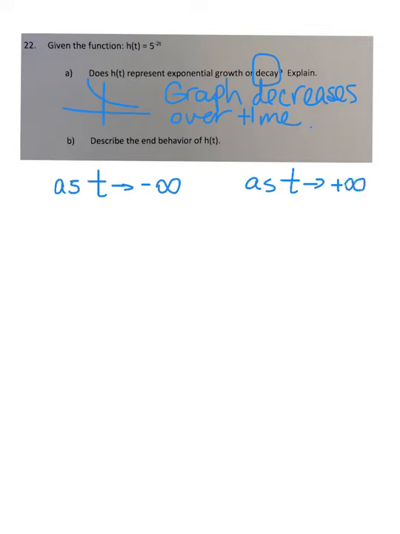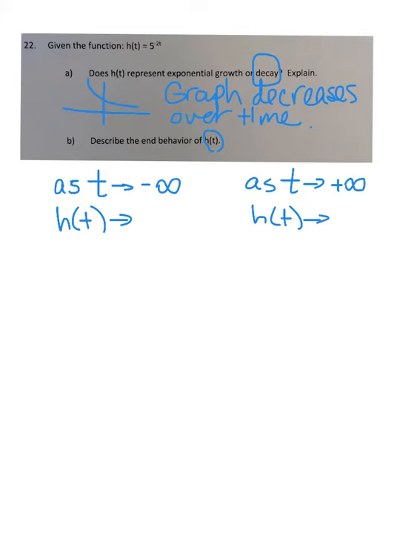Now remember, as t goes to negative infinity or positive infinity, we have to look at the y value. Now we don't call it y because they are saying y in function notation. So we're going to write h of t goes to, and h of t goes to. So we're going to see where they end up going.